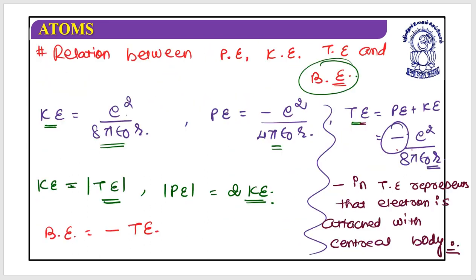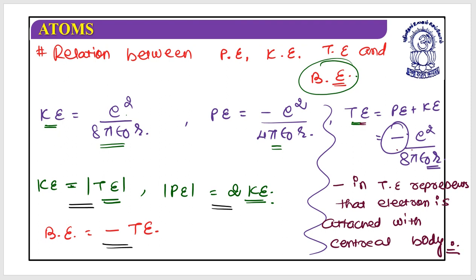So basically this is the magic of these relations. These are the interrelations that help a lot, that you need to identify any one of the energies, and from that you can calculate any of the energies. I hope this is clear.